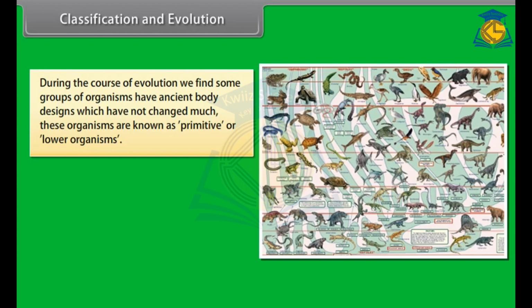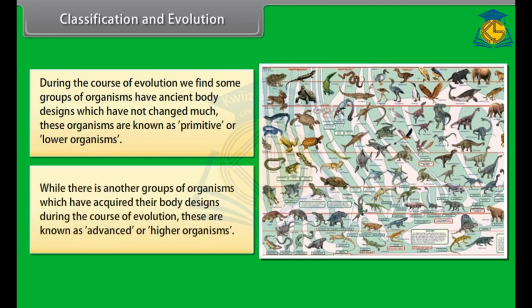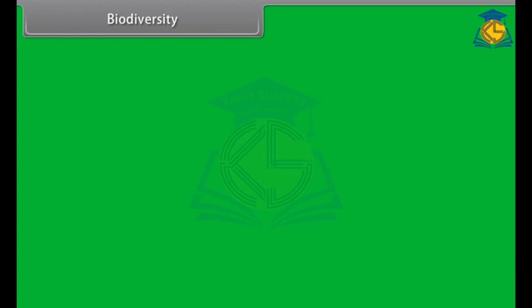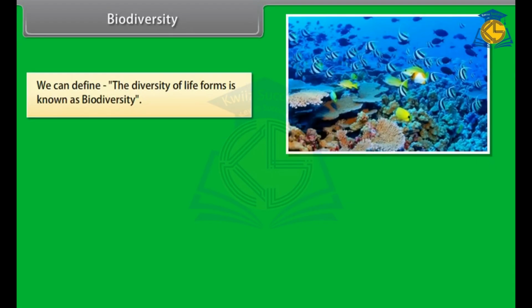These organisms are known as primitive or lower organisms. While there is another group of organisms which have acquired their body designs during the course of evolution, these are known as advanced or higher organisms. Biodiversity. We can define the diversity of life forms as biodiversity.